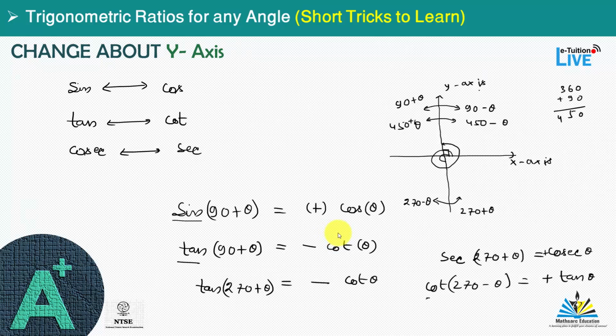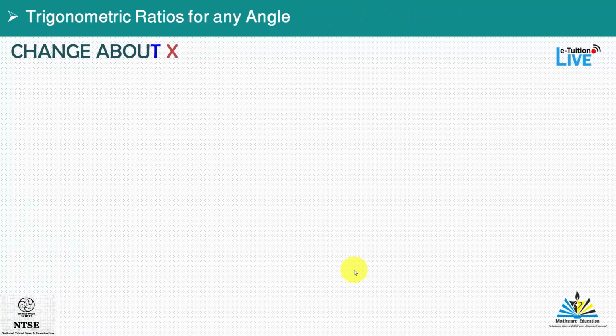Let's learn the changes about the x-axis. So this is the x-axis, y-axis, and this is angle 0 or 360 degrees. We can have 360 if we rotate one complete circle.